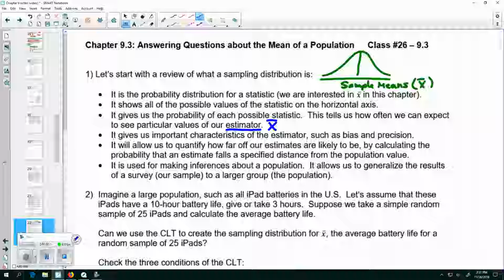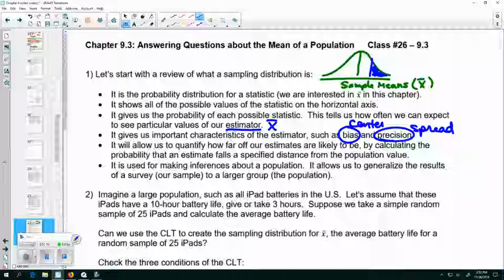And it's not really going to do particular or specific values, but ranges of values. So for instance, what's the chance you get an x bar greater than something, or less than something, or between two values? All right, next it gives us important characteristics of the estimator, such as bias and precision. So remember, bias is talking about center, and precision is referring to spread.